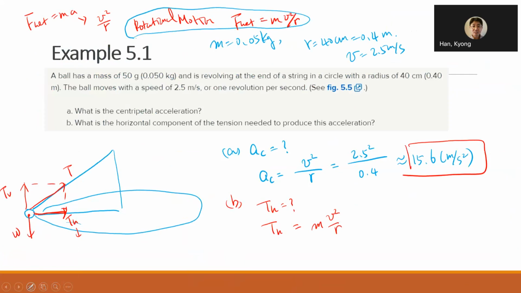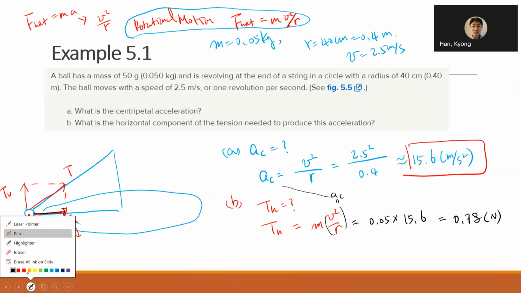Using this, m is the mass 0.05 times the acceleration, which we already calculated as 15.6, because this is exactly the same as a_c. That will be 0.78 Newton. This is the horizontal component of the tension force.